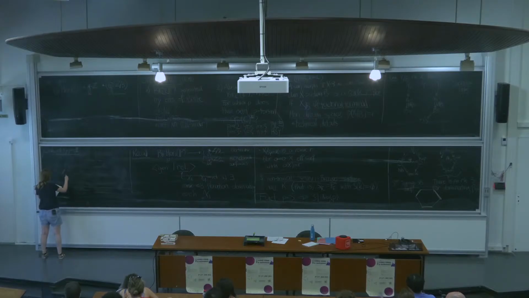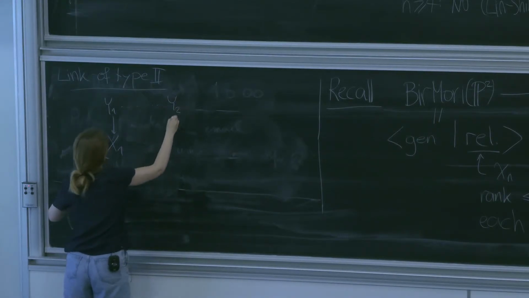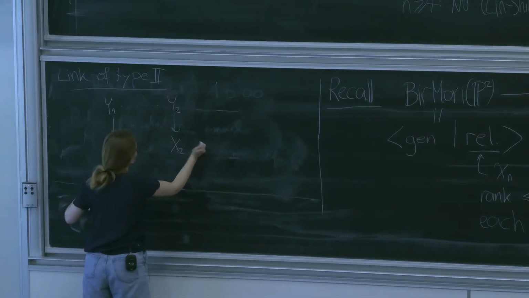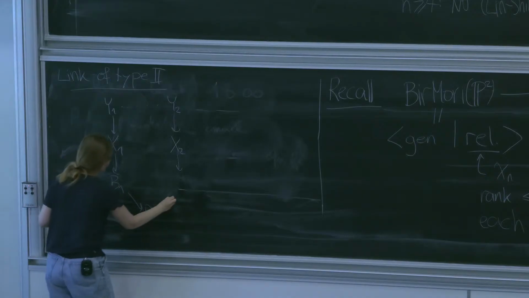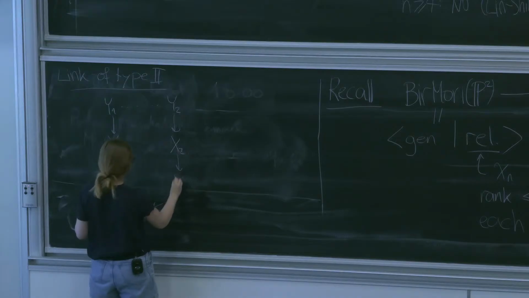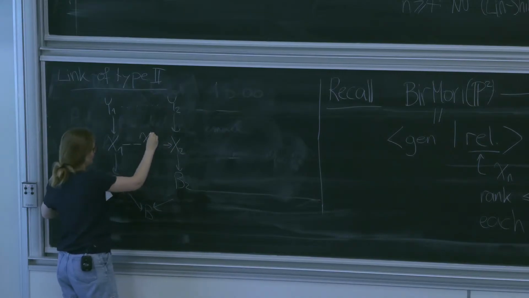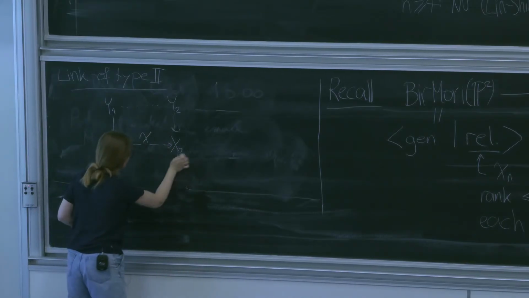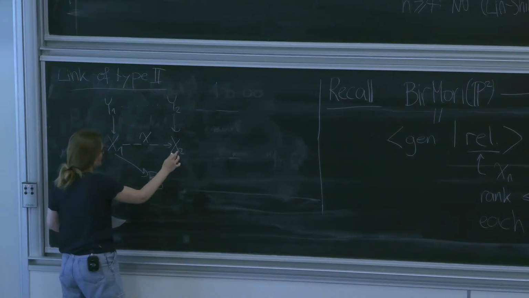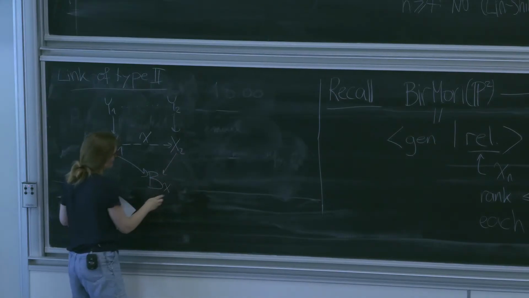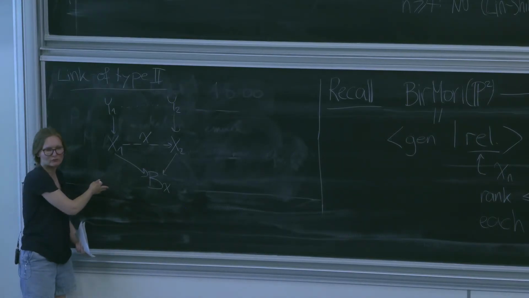We have X1, Y1, Y2, X2. So this here is my link chi. What I wanted was things of type 2, so we have the base, and let me denote the base by B_chi, if chi is the link. Okay, so this is a link of type 2.